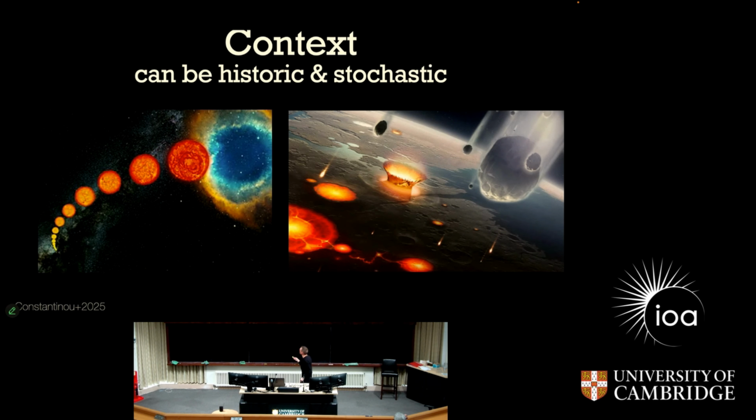However, Teresa's work has really nicely highlighted how context itself can be historic and stochastic. It could be contingent upon things we can't know from looking at the system or looking at a single planet in the system today. Examples of that would be the early pre-main sequence and main sequence lifetime of a star, where its activity could have been very different to today, and that stellar activity has potentially profound implications on the survival of atmospheres on planets.